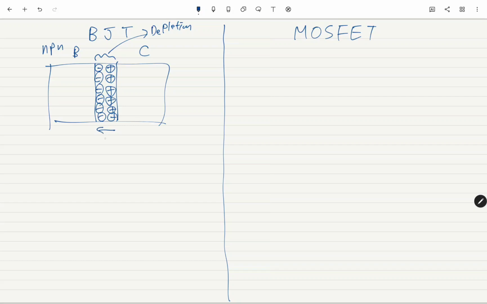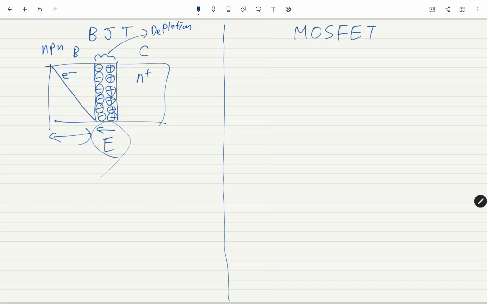There is an electric field, and here's N plus. And what is this? The minority carrier concentration profile, something like this, right? Linear, right? Why do we say linear? Even though it is exponential, the base width is so narrow that we can treat this as linear. And what is this electric field doing? Sweeping electrons to the collector side, right?